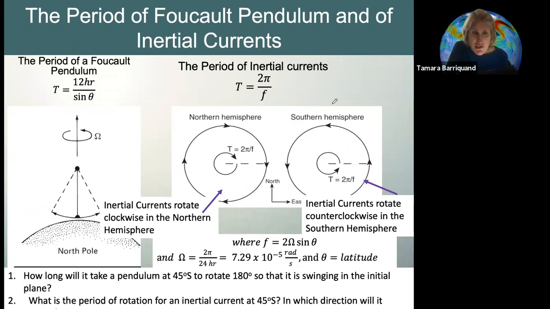So I want you to calculate, first of all, how long it will take the pendulum at 45 degrees south, so think about south this time, to rotate 180 degrees, that is, to swing in the initial plane. Then also calculate the period of rotation for an inertial current also at 45 degrees south.